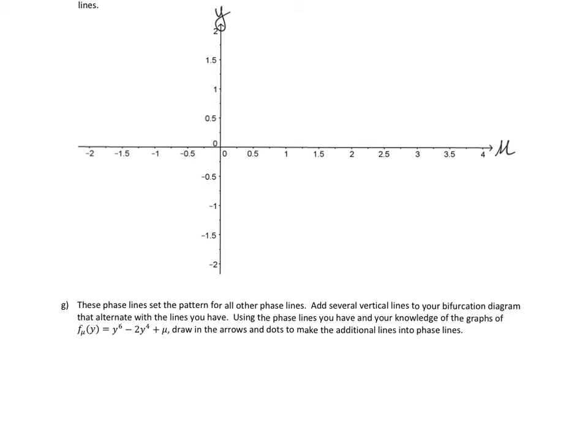Okay, so I want a vertical line here at 0. And then I need a vertical line at 0.5 and negative 0.5. And then a little less than b was 0.8.